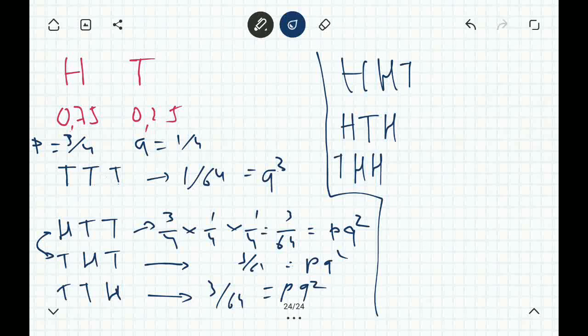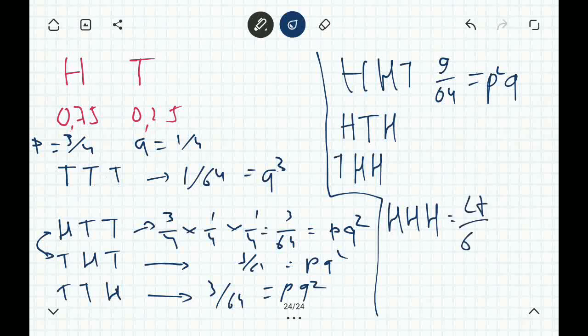So it will be 9/64, which is p squared times q. And the same for next two. And when you have three heads, it's just 3/4 times 3/4 times 3/4. It's 27/64. And that's of course p cubed.